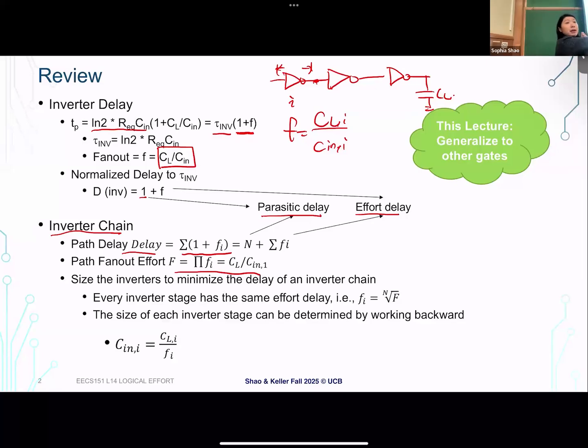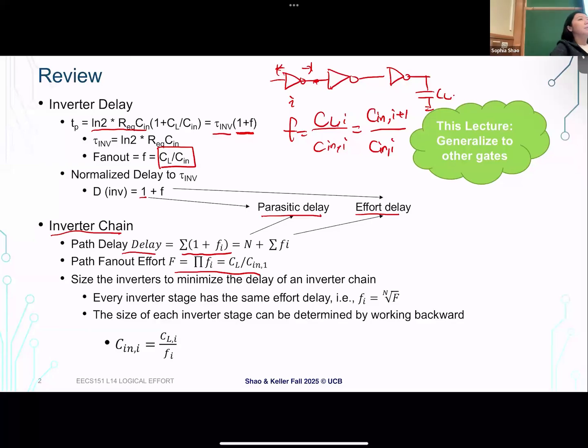It's basically driving the inverter of the next stage, right? Because we have a chain of inverters. So in this case, my load is basically the input capacitance of the next stage, right? Because now when we chain the inverters together, I'm driving the input capacitance of the next stage, and this is my fan out. It's basically the input capacitance of my next stage compared to my own capacitance. That's basically the fan out.